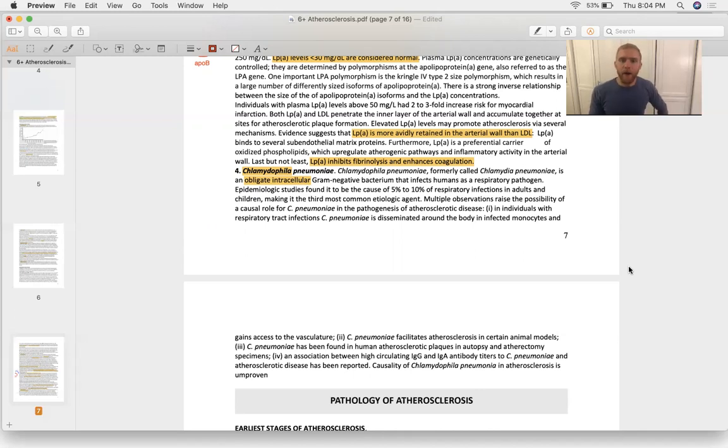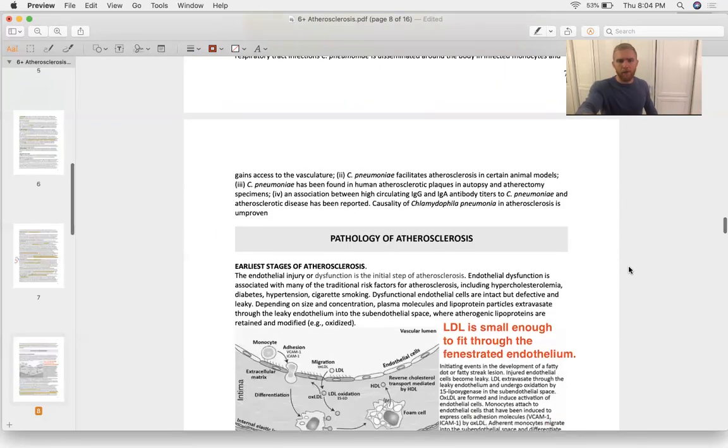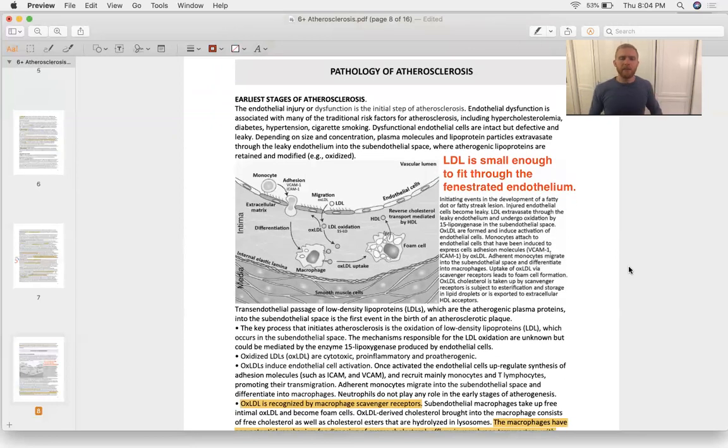So that's very, very bad. And Chlamydophila does not directly lead to atherogenesis, but it promotes it by means of slowing the rate at which the cavities created within a tunica intima heal over time. So that's Chlamydophila.